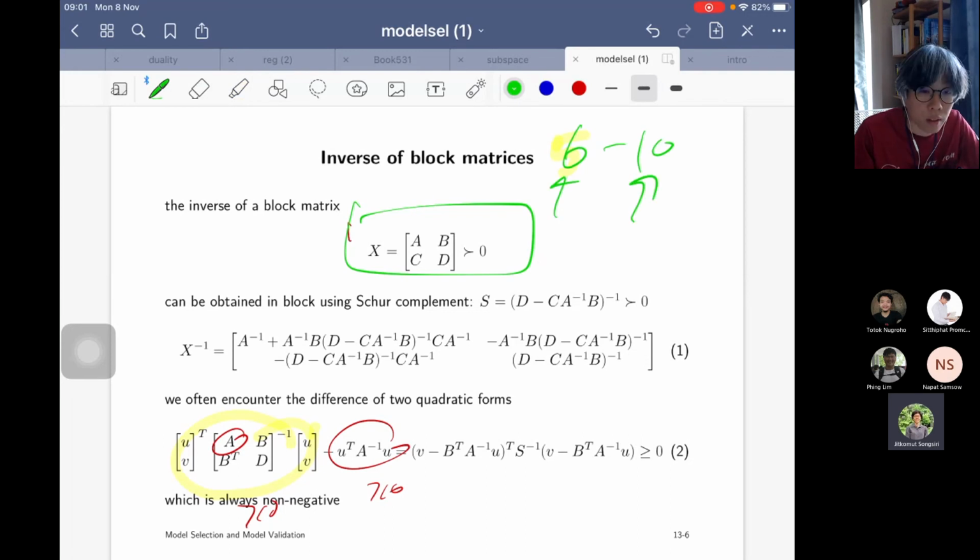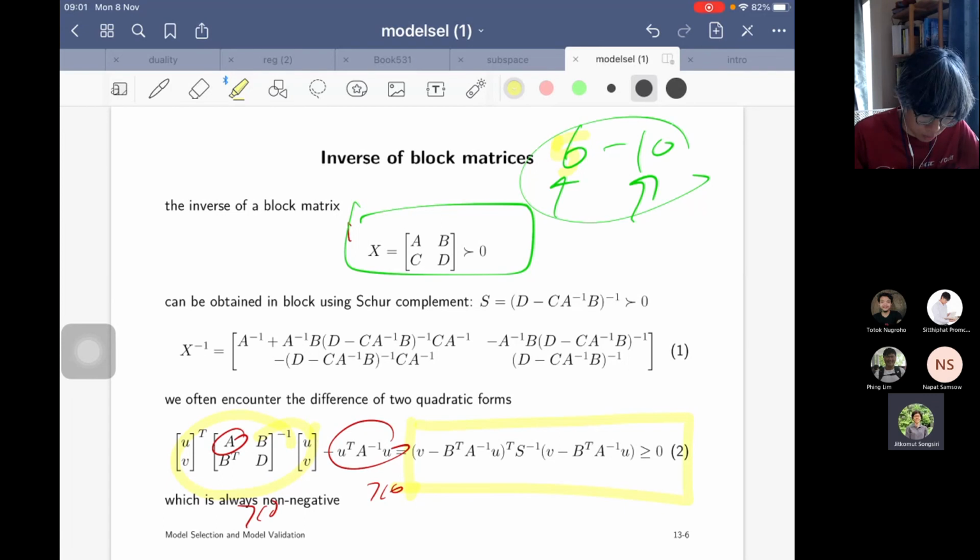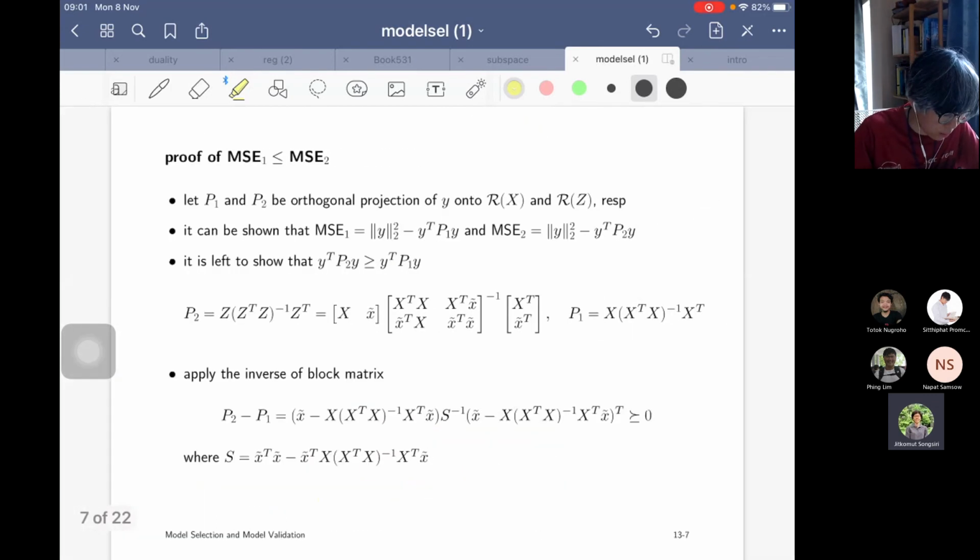They are both non-negative, and in general you don't know after subtracting, but this result says that the subtraction is still non-negative. And we will use these results a lot shortly.